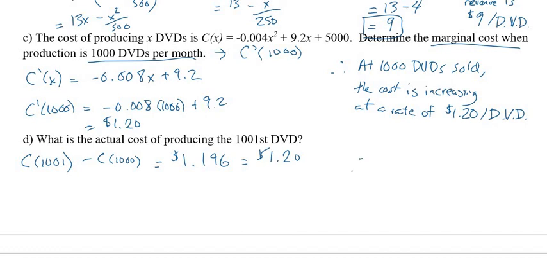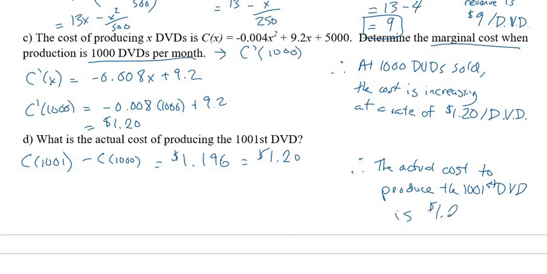So the actual cost to produce the 1,001st DVD is $1.20.